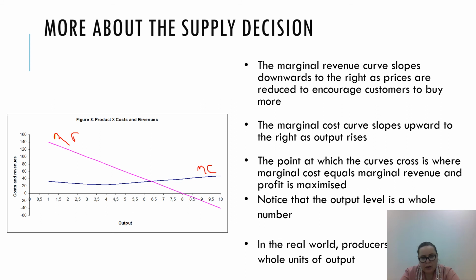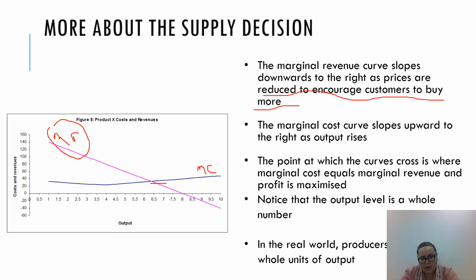The marginal revenue is going to slope downwards to the right, as the prices are reduced to encourage customers to buy more. So if you reduce the price, your revenue is going to go down. The marginal cost curve slopes upward to the right as the output rises.